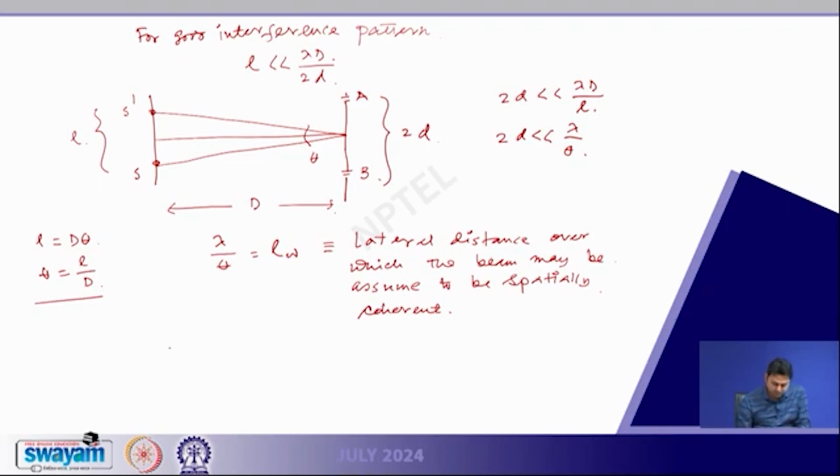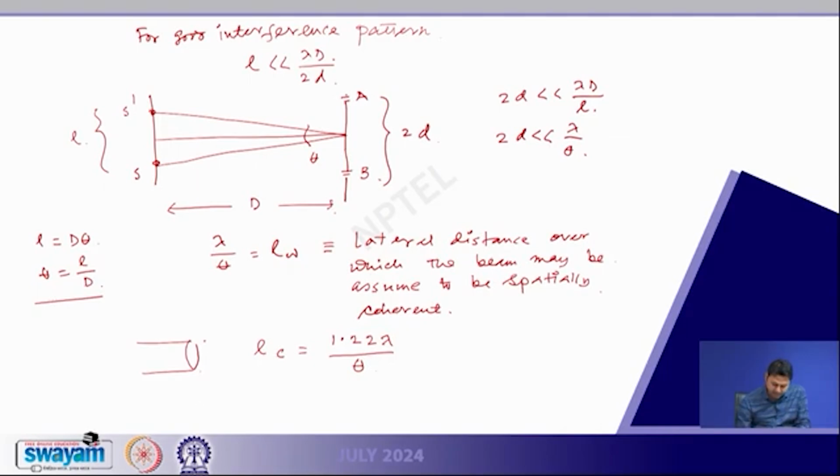For a circular source, however, LC is around 1.22 lambda divided by theta. This we will discuss later when we discuss the array function and these things.